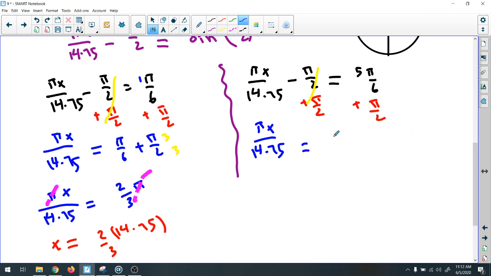Let's do that here: 5 pi over 6 plus a half pi, multiplied by 3 numerator and denominator, so it will be 3 over 6, and 3 plus 5 is 8. 8 over 6 simplifies to 4 over 3. So 4 over 3 pi equals pi x over 14.75.